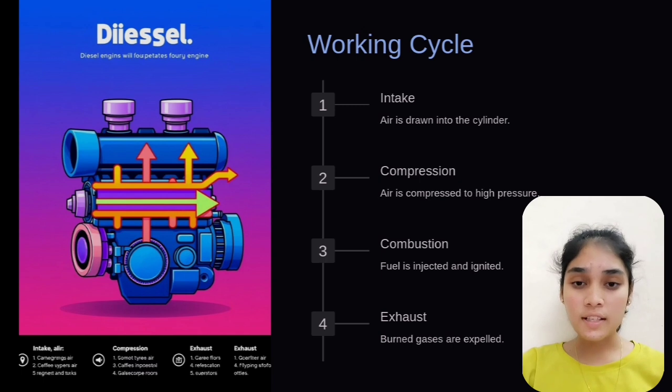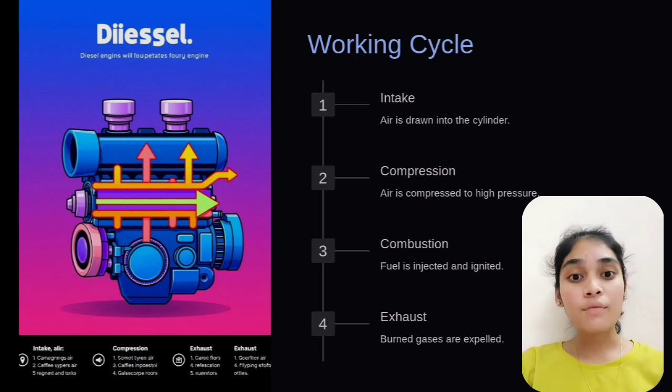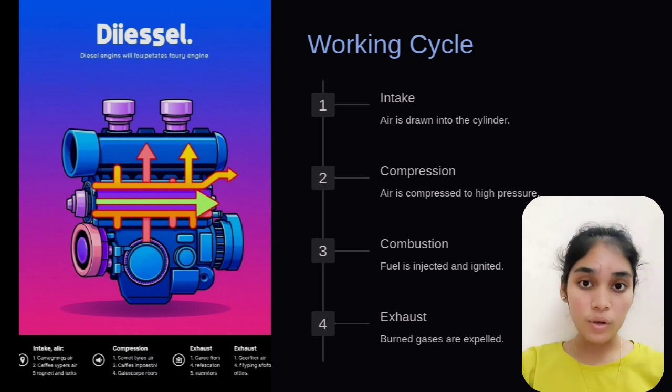And the combustion is the fuel is ignited spontaneously due to the heat of the compressed air. And fourth one is the exhaust stroke. The piston moves up, expelling the combustion gases.